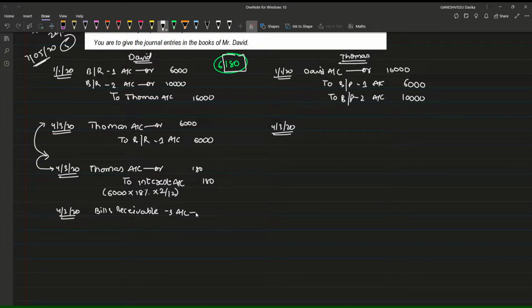Bills receivable 3 account debit to interest account, together, right? With the total amount we are going to have here. So bills receivable 6,180 is the amount here. Okay, let me confirm. One second, friends.